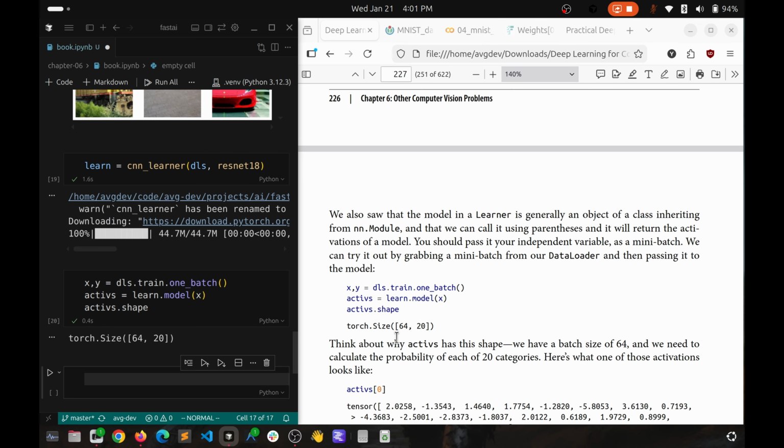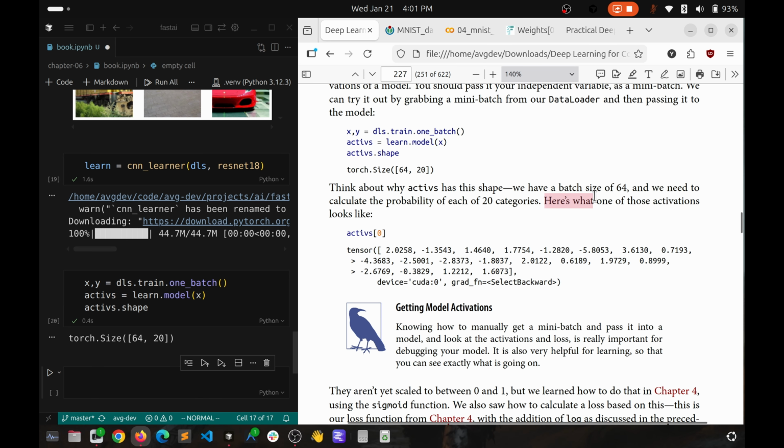64 by 20. So a batch of 64 items, and I think 20 because each item has possible 20 categories to be in. So think about why acts has this shape. We have a batch size of 64 and we need to calculate the probability of each of 20 categories. Yep. Here's what one of those activations looks like.